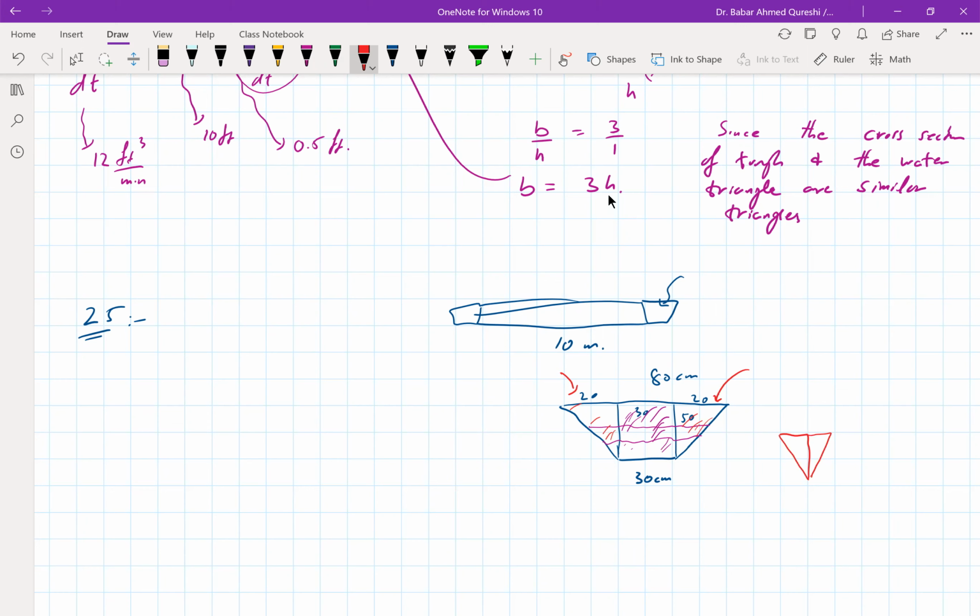So this becomes an isosceles triangle of base 40 and height 30. And then you have a rectangle of base 30 and height 50.